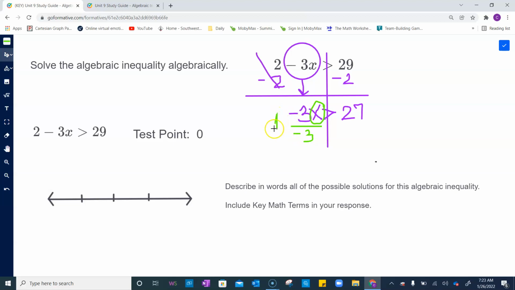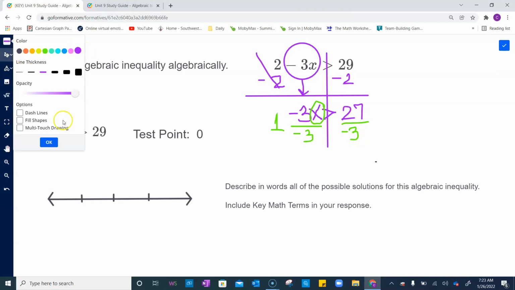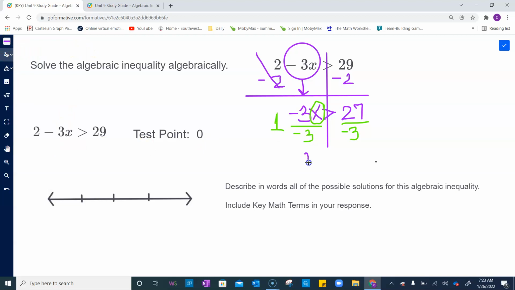So this would make positive 1. On this side, I'm also going to divide by negative 3. We get 1x or x. And on this side, a positive divided by a negative is a negative, negative 9.